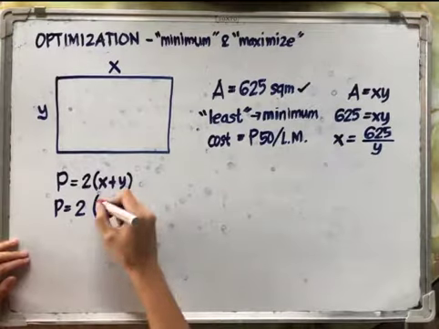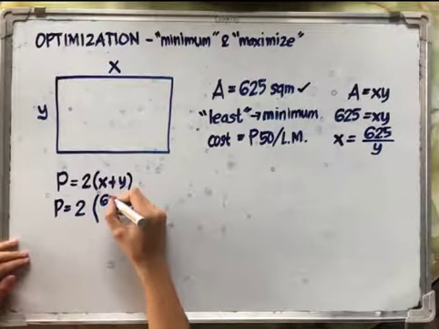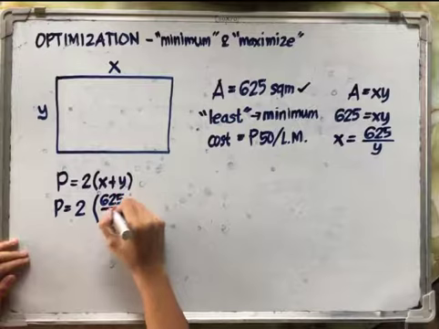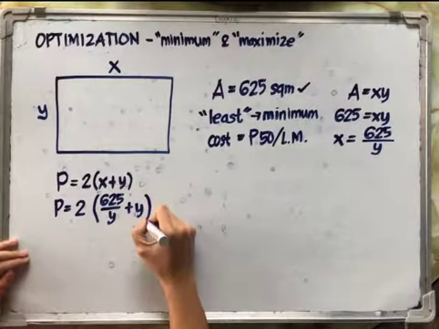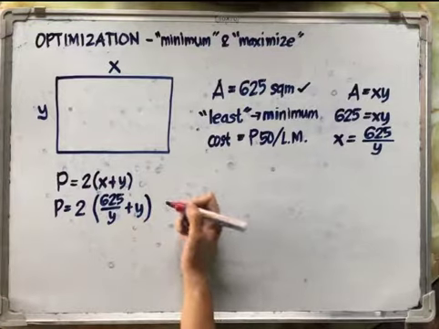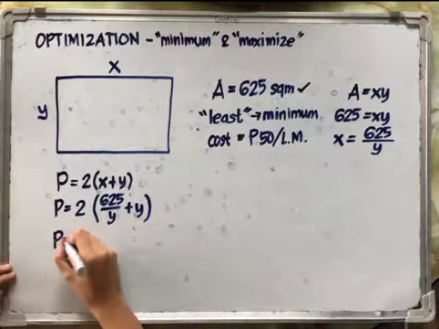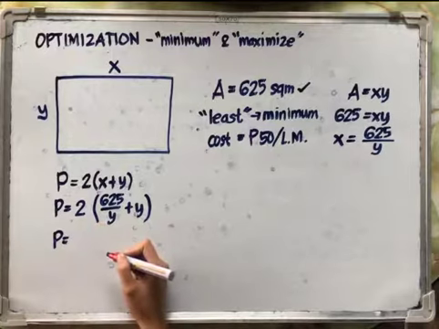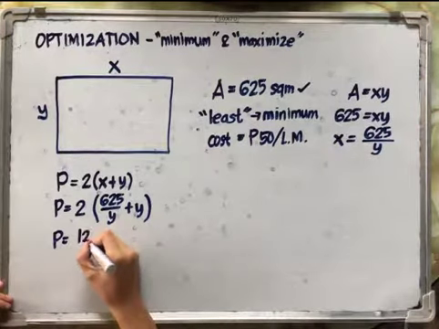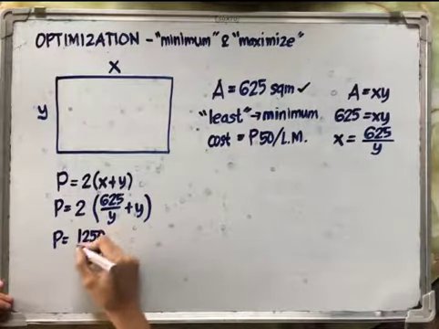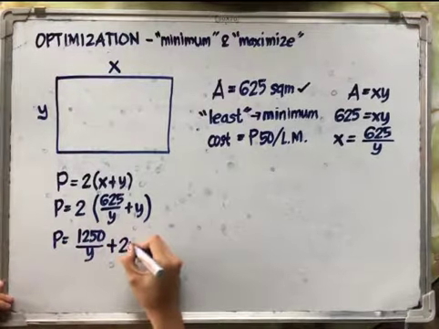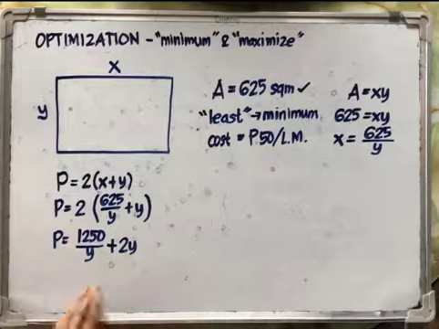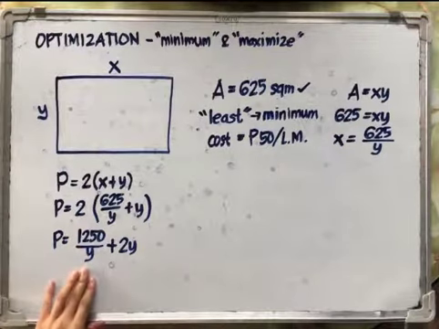X natin from this one is 625 over y. Plus, meron tayong y dito. Alright? So, simplify natin a little further. This would be 1250 over y plus 2y. So, this time, na-express mo na siya into a single variable.